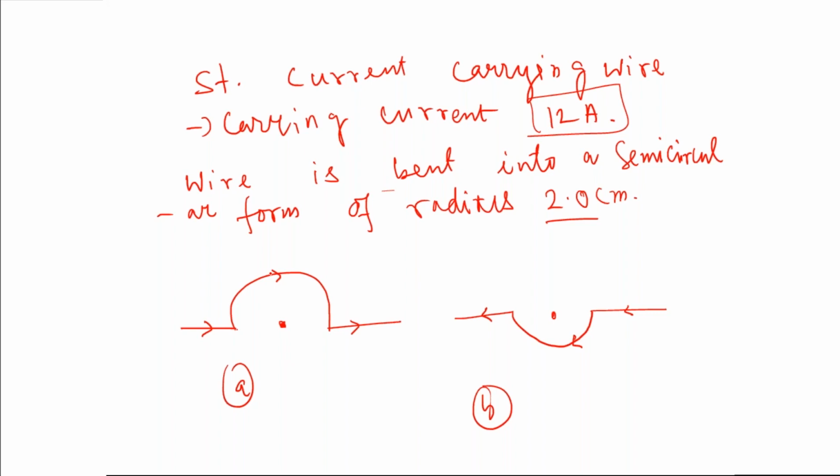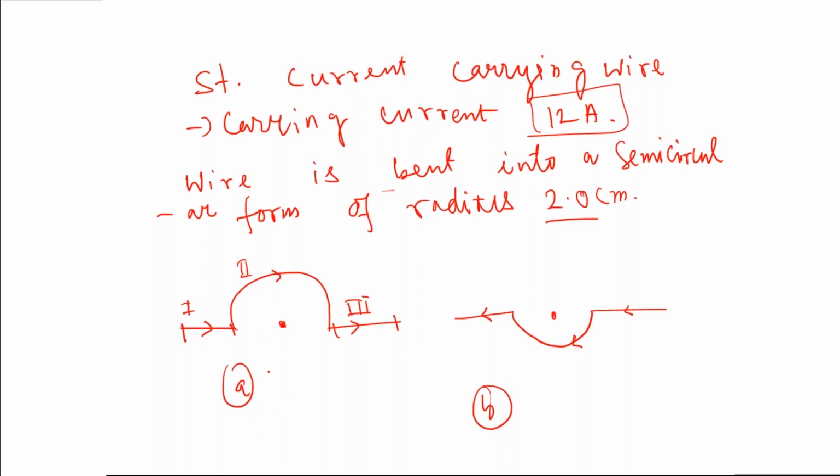See, I have this straight portion as well as my curved portion. You can see this is 1, this is 2, and this is 3. You have 3 portions of the wire. Among them, 2 are straight and another one is a semicircular arc having a certain radius. So I'll use Biot-Savart's law.